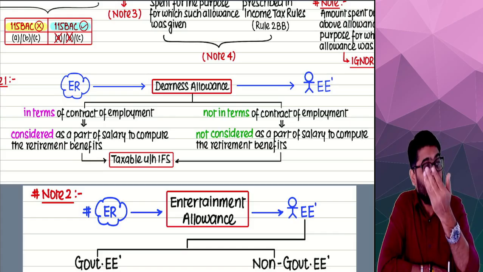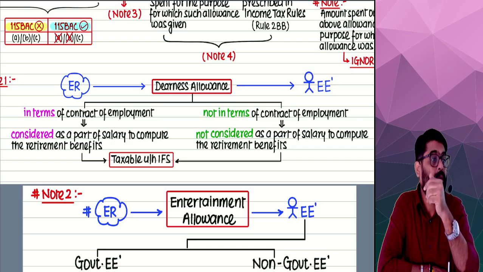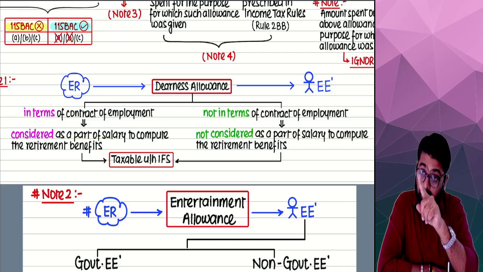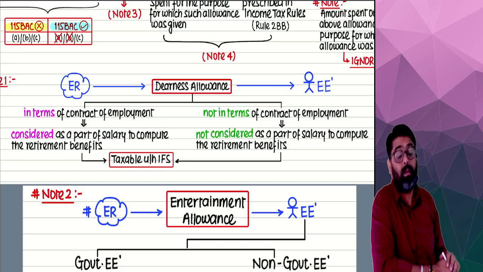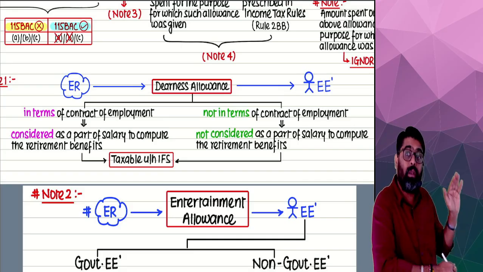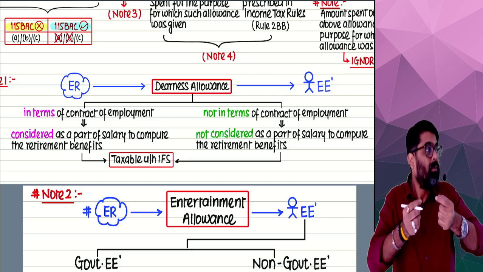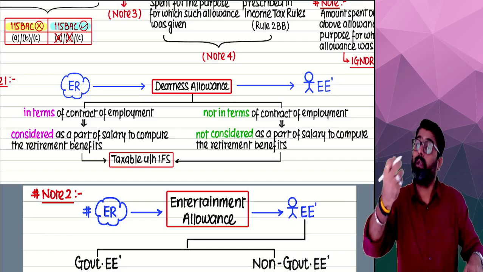So those retirement benefits which you are going to get at the time of your retirement or separation from the company will be given by your employer. So the employer will give you money at the time of your retirement, known as what? Retirement benefits.